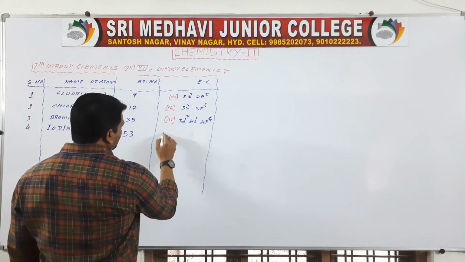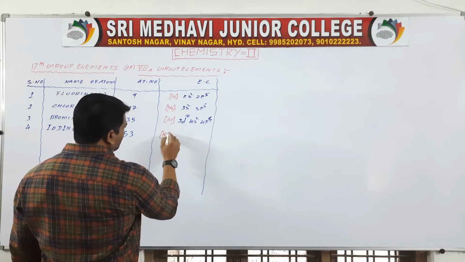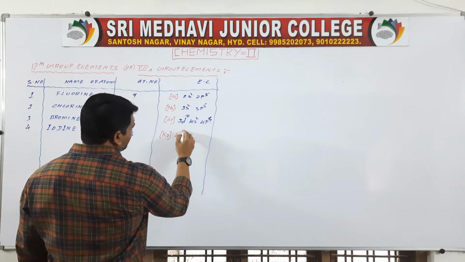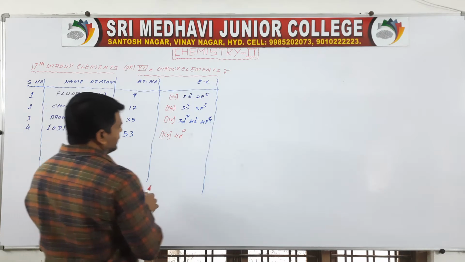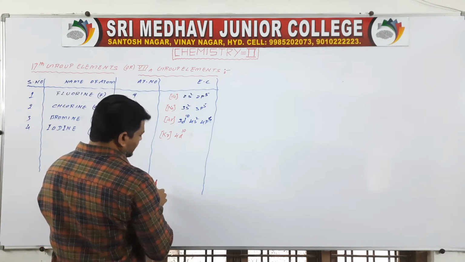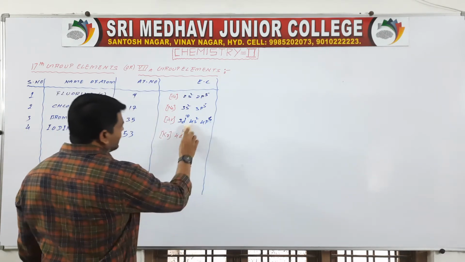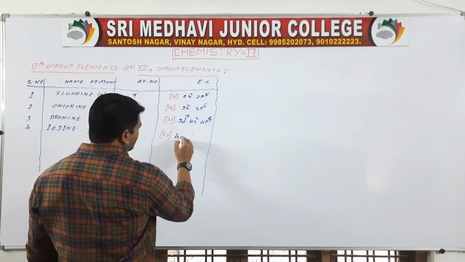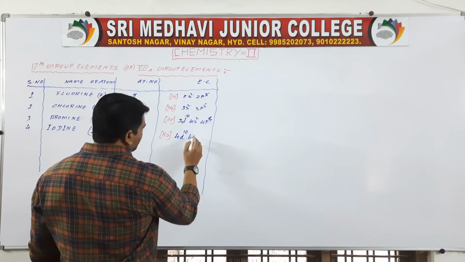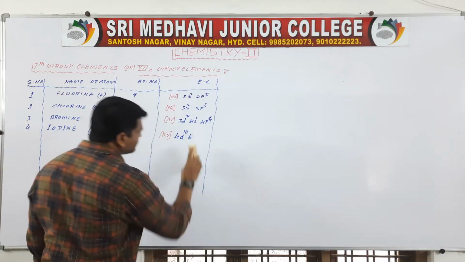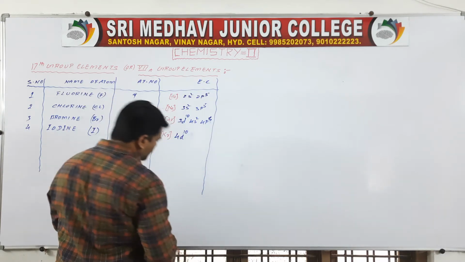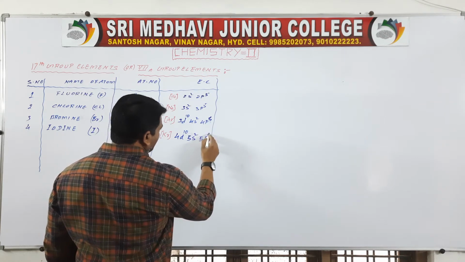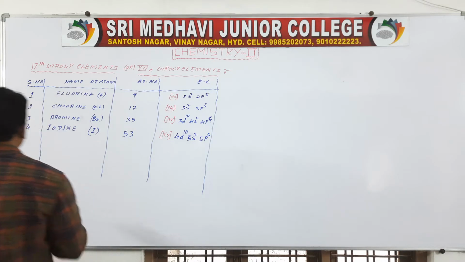Electronic configuration: krypton, then 4d10, and electrons enter into 5s2 and 5p5. So it is krypton 4d10 5s2 5p5.